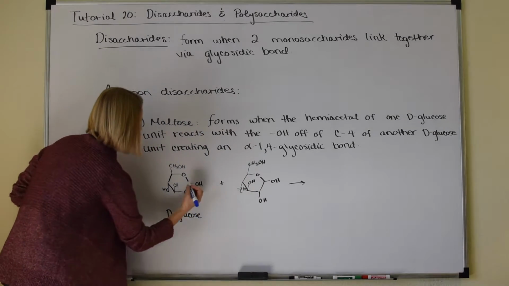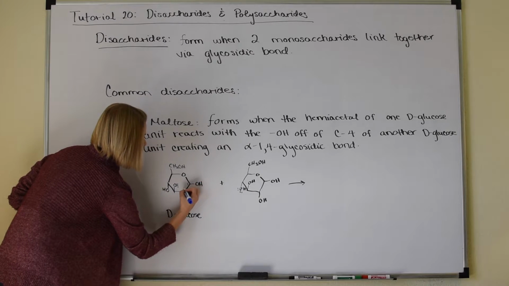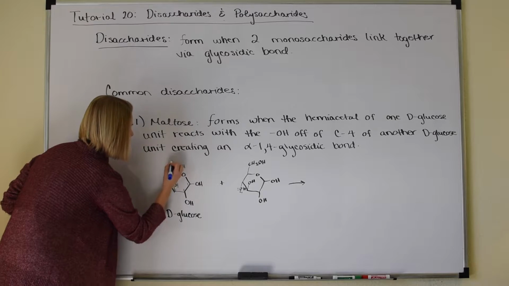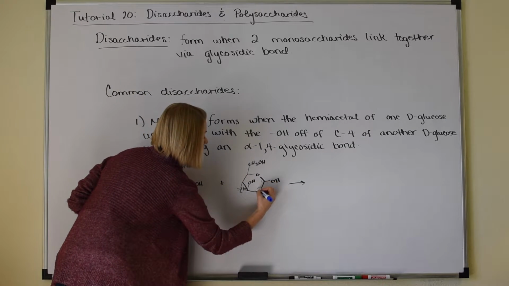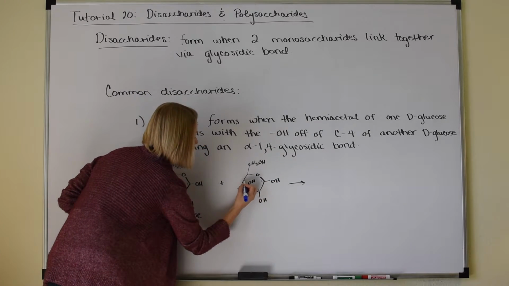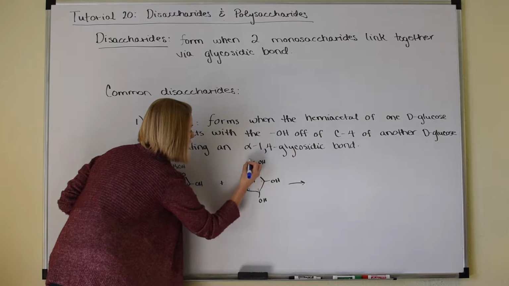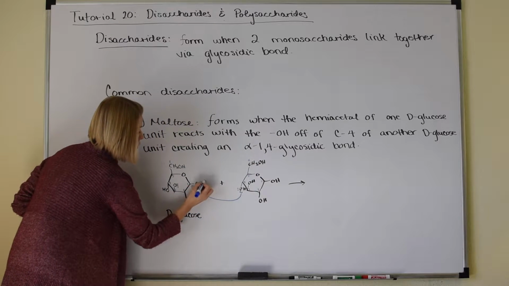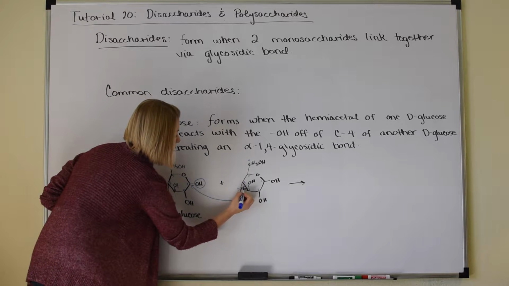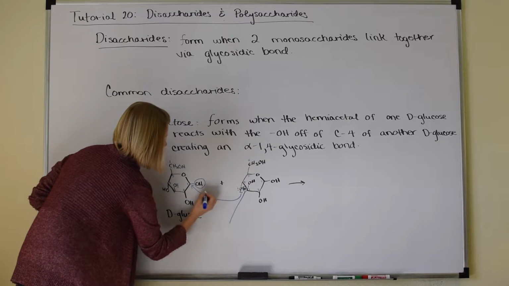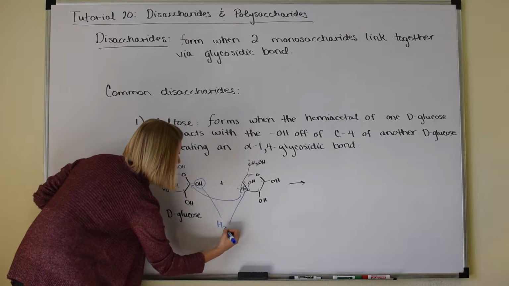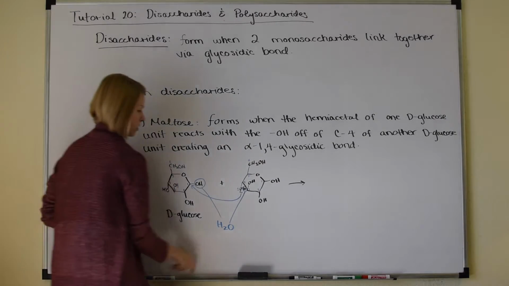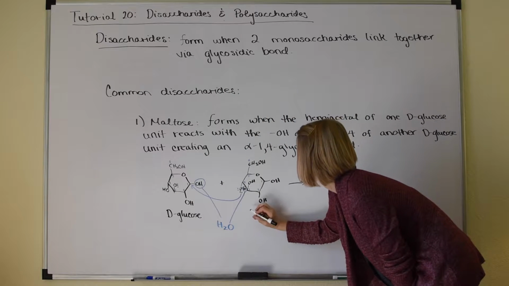So I'm going to do that. Before I do that, let me just label these carbons 1, 2, 3, 4, 5, and 6. Okay, new bond forms. You lose the OH and the H as H2O. Okay. Oops, let me label that D-glucose.